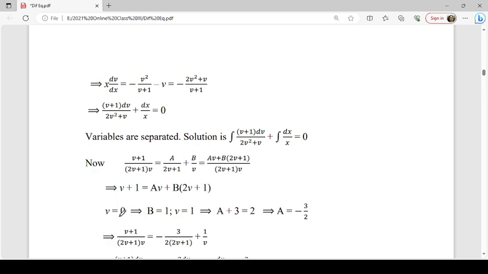Writing v equal to 0, the a term is 0, and b into 1 is b, and the left side is 1, so b is equal to 1.